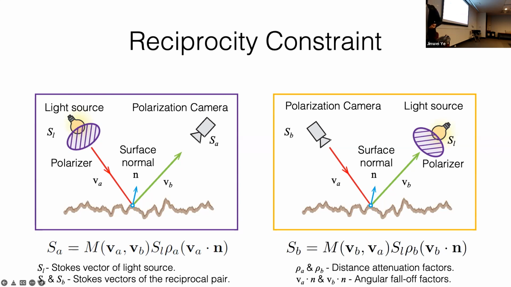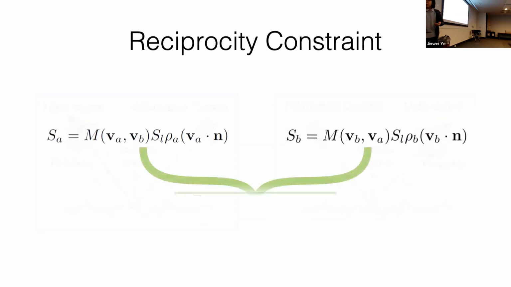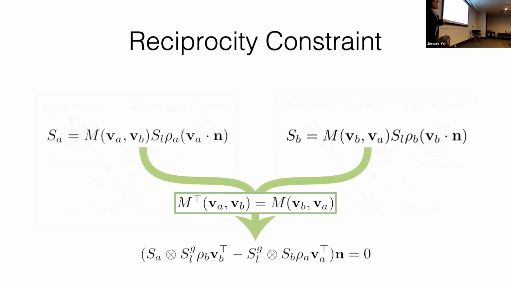So M from VA to VB maps the light coming from the VA direction to VB, going to the camera, and M from VB to VA maps the light source from VB to VA. So basically, we switch the light paths. And with their transpositional reciprocity, we can combine these two equations to form one equation.